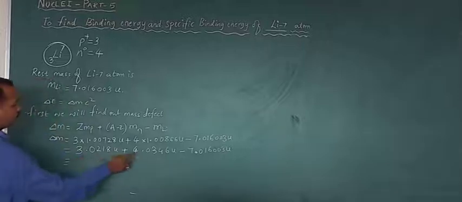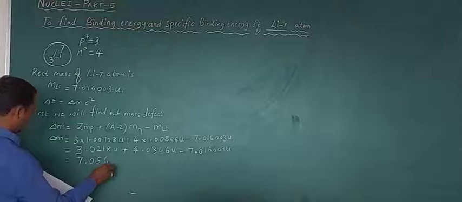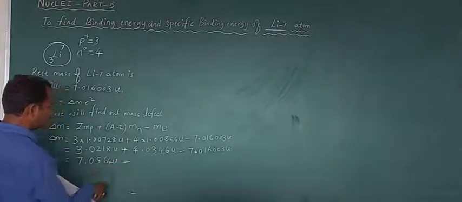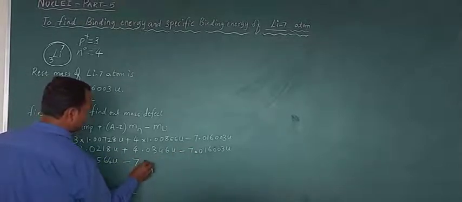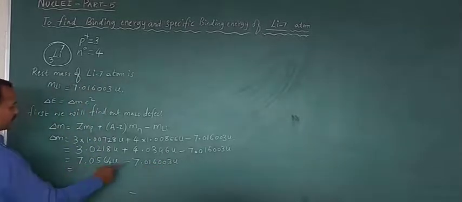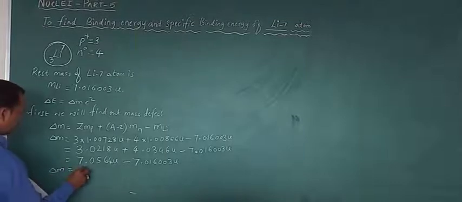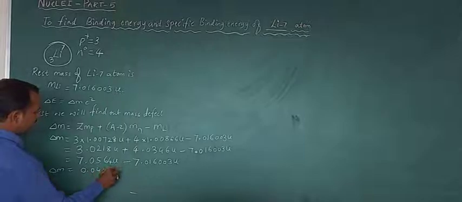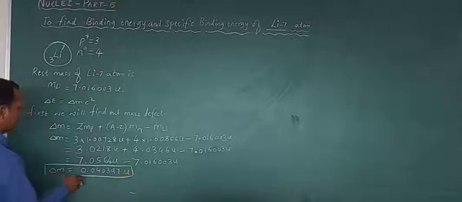Adding these two gives 7.056 units, minus 7.016003 units. After subtraction, you will get the mass defect as 0.040397 units in the lithium atom.